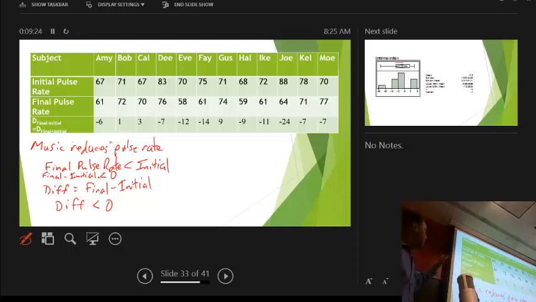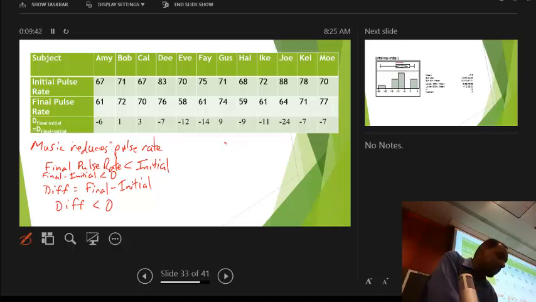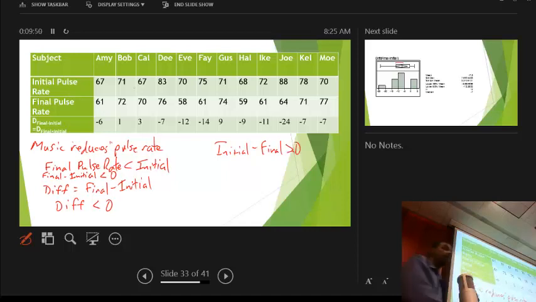Well, if I didn't like negative numbers, I could look at the initial minus the final, right? And then that would be 6, -1, -3, 7, 12, so on and so forth. But I'm just going to mention this briefly. Don't write this down per se. If I was interested in initial minus final, then that's going to be bigger than 0.